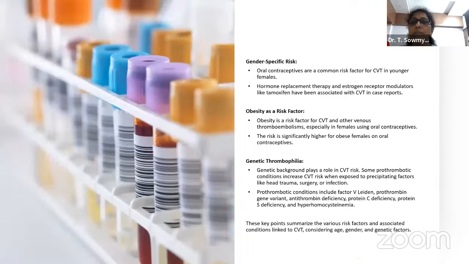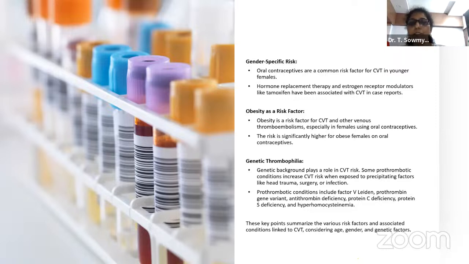Gender-specific, in females, mostly they take hormone replacement therapy and estrogen receptor modulators like tamoxifen. So these are gender specific. And obesity is a risk factor for CVT and other venous thromboembolisms, especially in females who are using oral contraceptives.